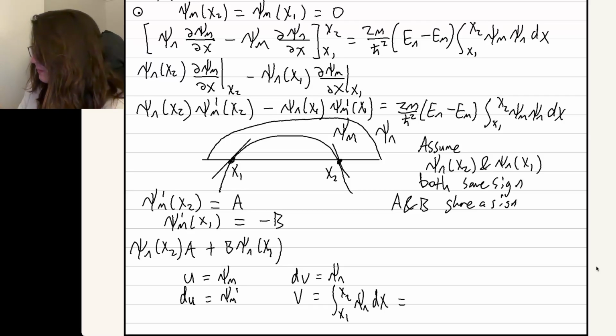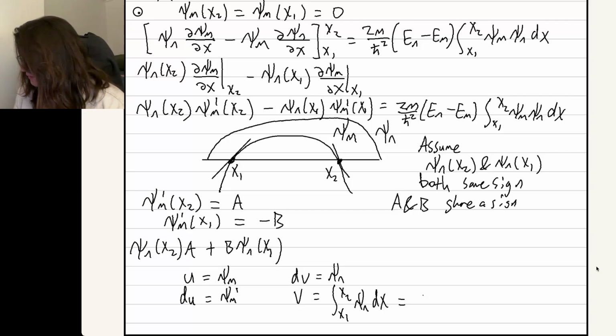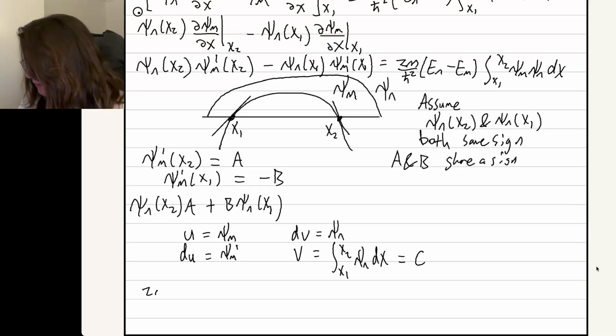And since we know that it's not crossing 0 in that interval, we can also define this as some constant. So I'm going to define it as a constant c, but it's going to end up not mattering all that much.